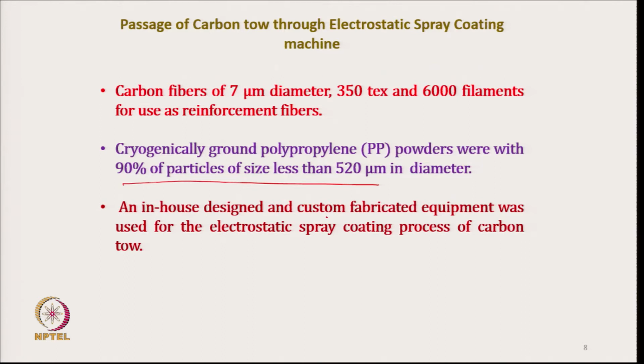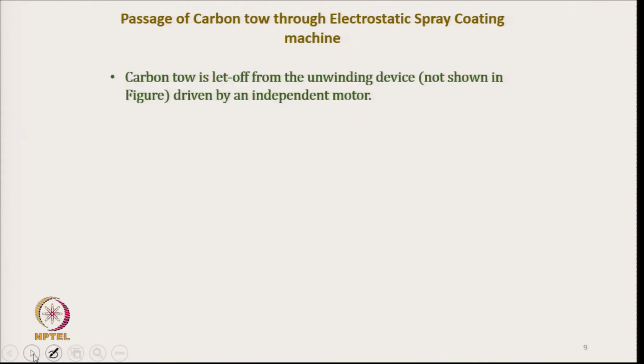Then the in-house designed and fabricated equipment is used for this electrostatic spray coating, which we have already discussed. In the machine, the carbon tow is let off from the unwinding device.